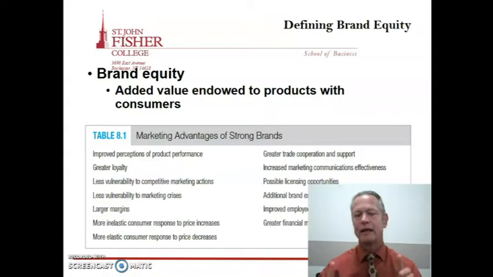And brand equity, if you really want to understand what it would be, is how much would someone pay for the brand alone. At one point in time, when Xerox had a lot of problems within their company, that Xerox brand was worth more than the company itself.